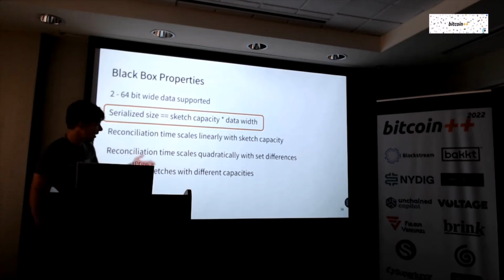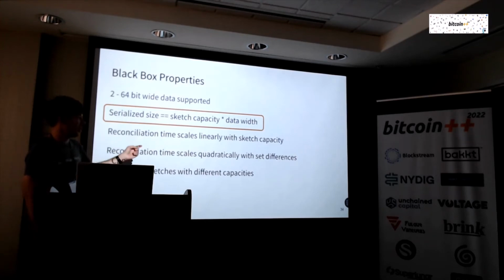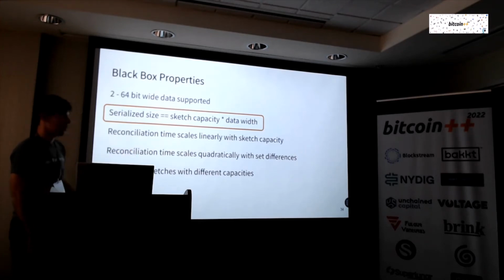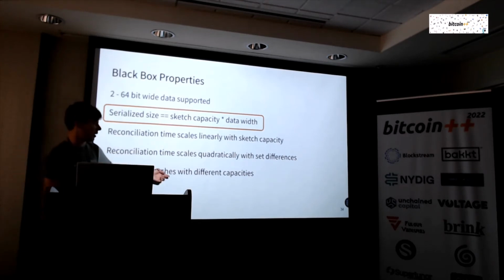And then some other things to keep in mind. As you increase sketch capacity, the reconciliation time scales up, and depending on the number of differences that you actually have to resolve, that scales quadratically. So you want to keep the differences bounded.